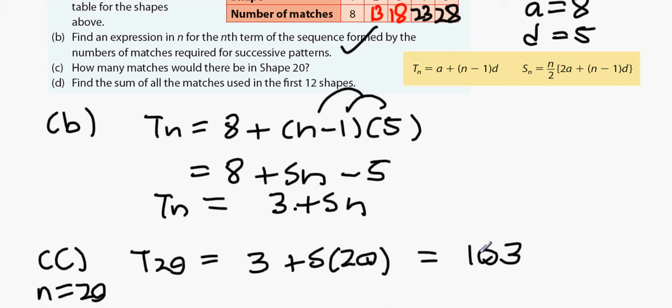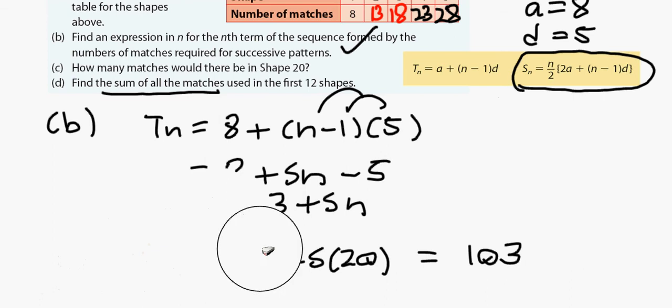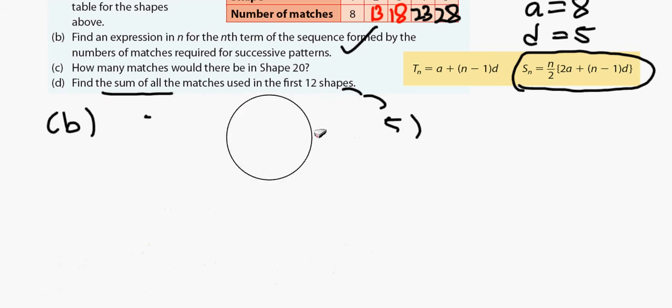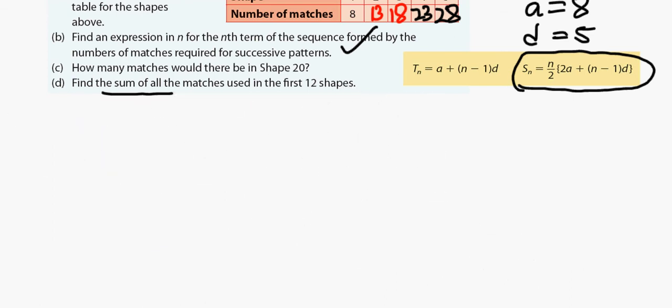And finally, find the sum of all the matches used in the first 12 shapes. Sum, keyword, sum of all the matches means we're going to be using Sn, and we're going to find out what S12 is. So what we can do next is just rub this out, and do part D, which I'll do in blue. Part D, basically it wants to find the first 12 shapes.